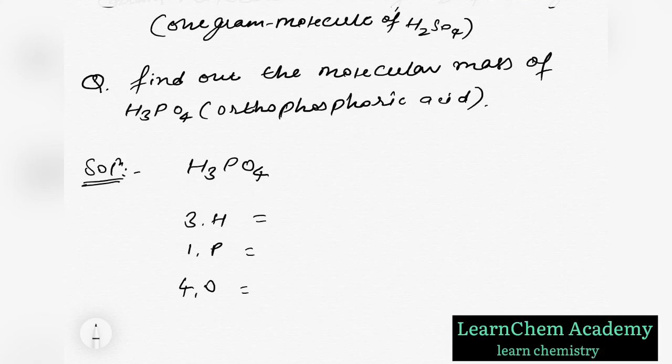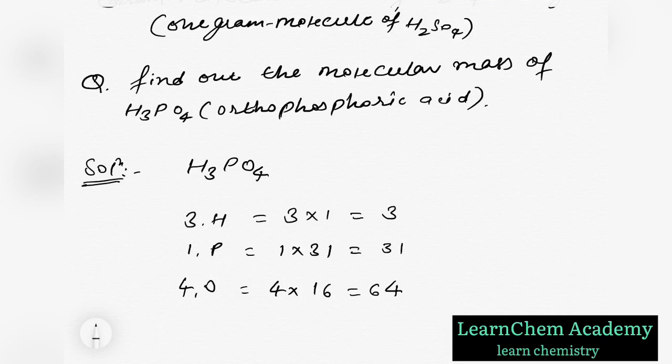So we write their atomic masses: 3 into 1, 1 into 31, and 4 into 16. So we get 3, 31, and 64.